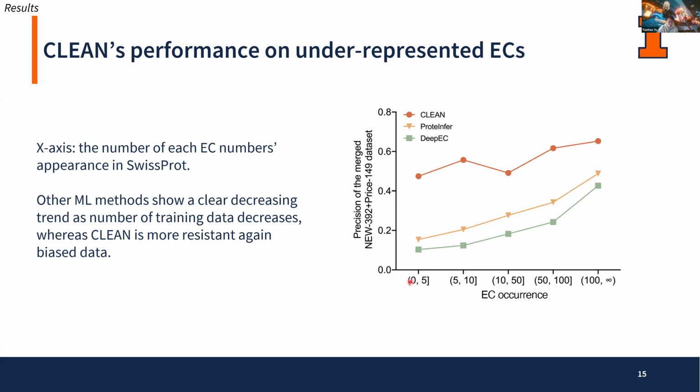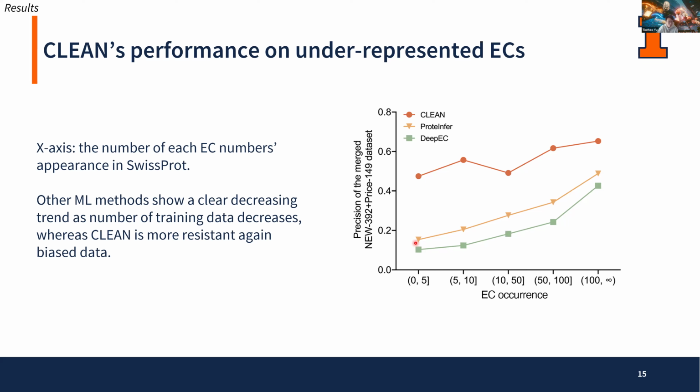For example, 0 to 5 means that these EC numbers occurred 5 or fewer times in the SwissProt database. 100 to infinity basically means popular EC numbers that many sequences can do. So on the left are rare functions, and on the right are more popular or well-studied functions.